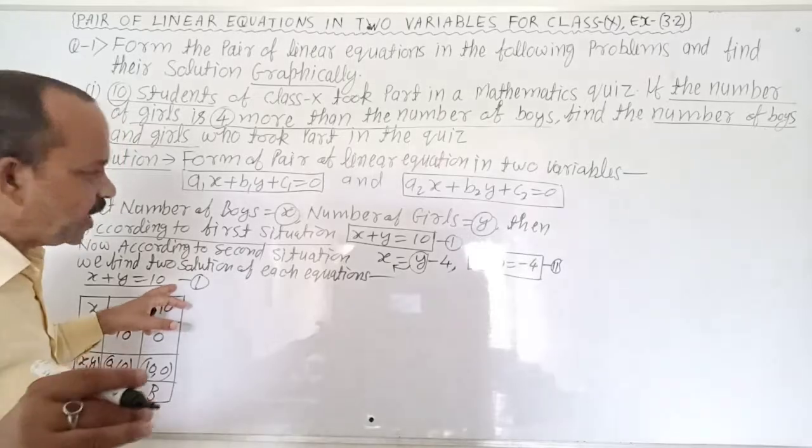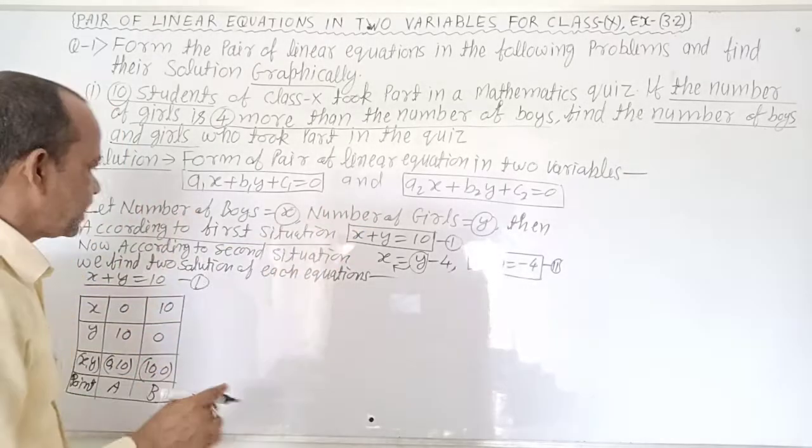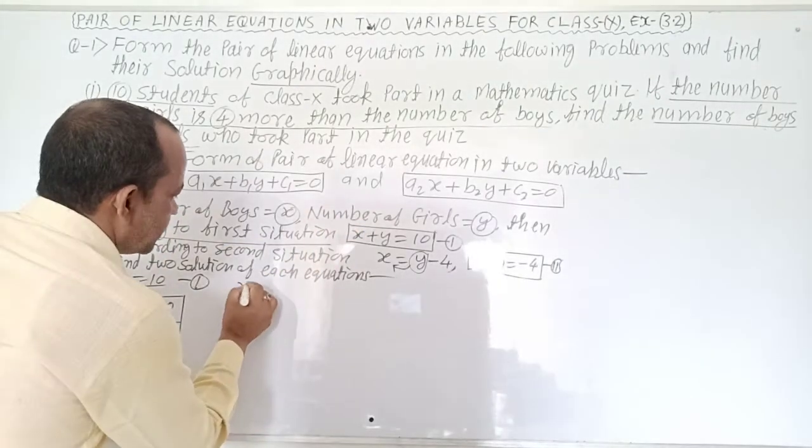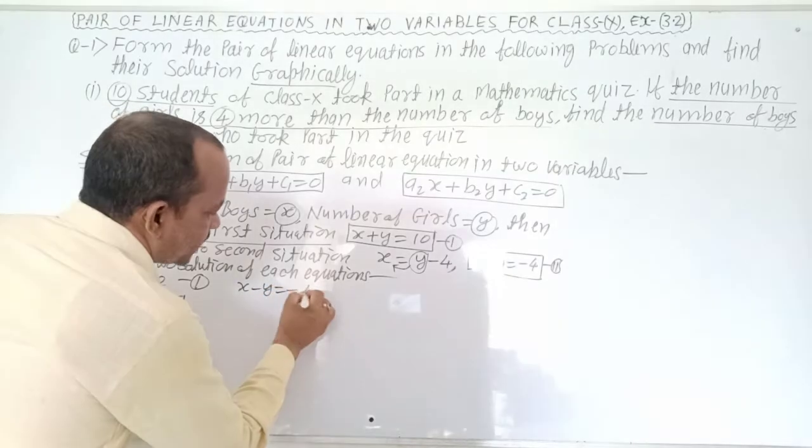Clear? Now you find two solutions of the second equation. The second equation is x minus y equal to minus 4.